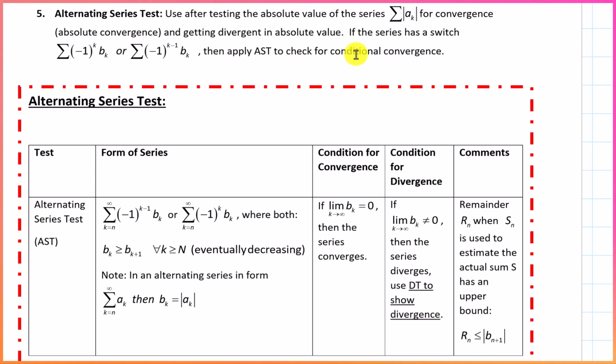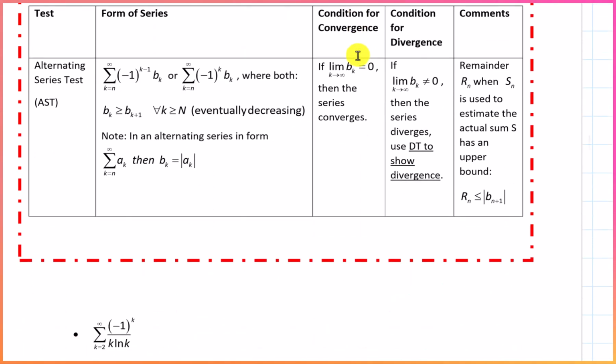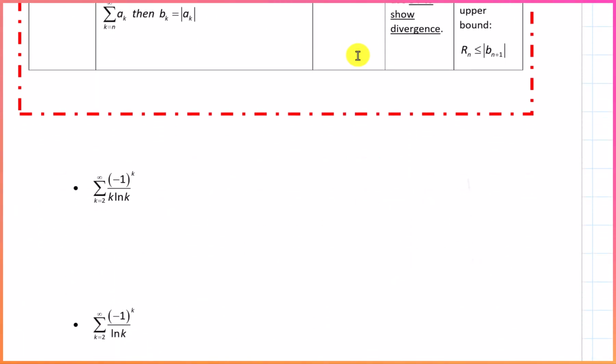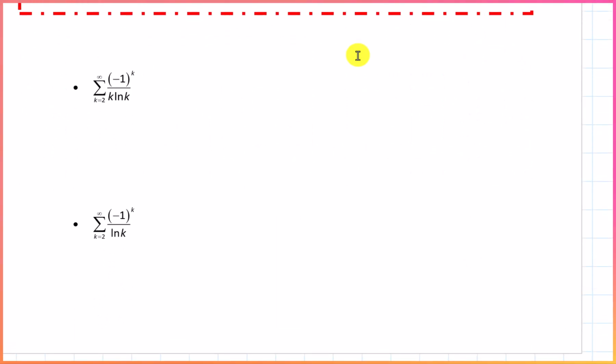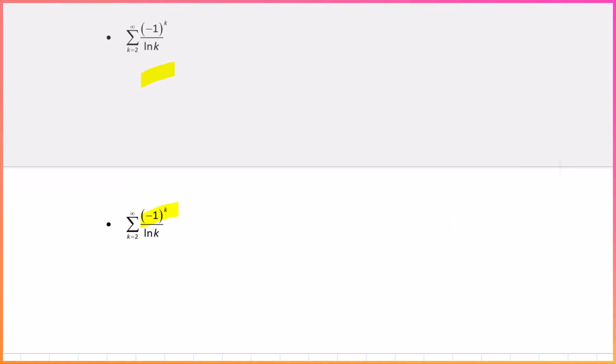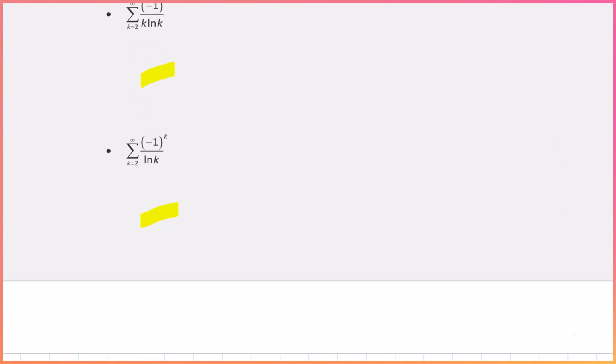So we'll take a look at those. If we've got an alternating series after being tested for absolute convergence, then we can get into looking at alternating series. So again, on both of these, I would first test in absolute value and see what happens, and then if not, check with the negative there as well.